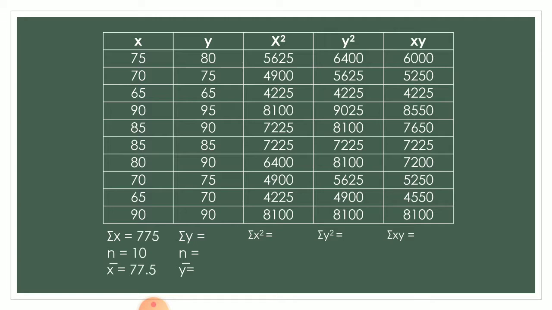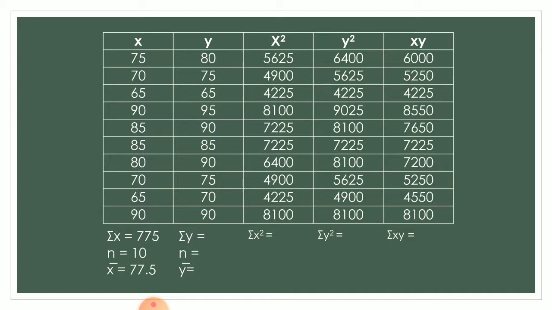First, let us find the summation of x. The summation of x is equal to 775. So that is 75 plus 70 plus 65 plus 90 plus 85 plus 85 plus 80 plus 70 plus 65 plus 90. Just add all the data under the x variable, and that is equal to 775. Then we have n equal to 10.